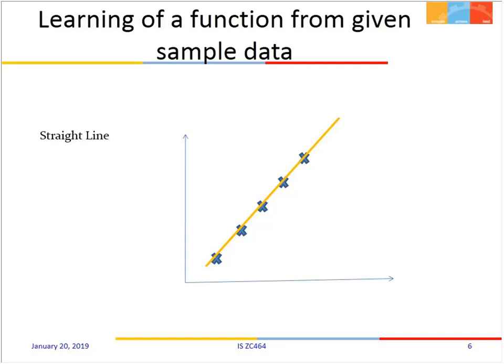You know the equation of line? It is y equals mx plus c. All of you must have studied it in your school, where m is the slope and c is the intercept, the intercept on the y-axis.